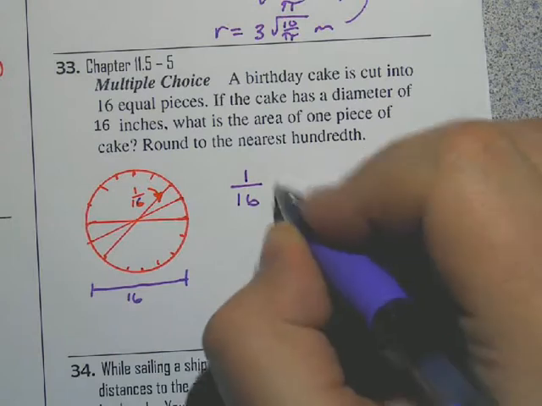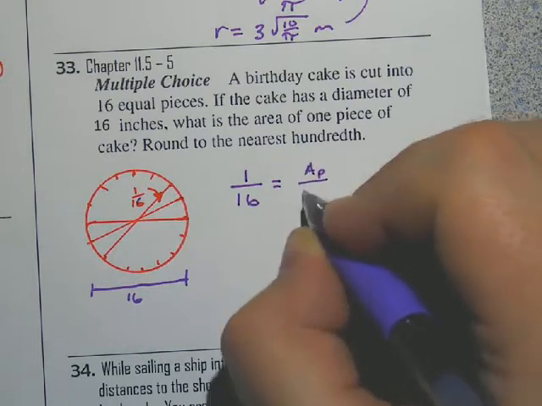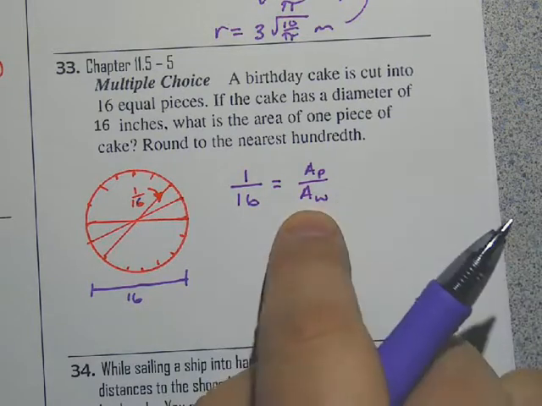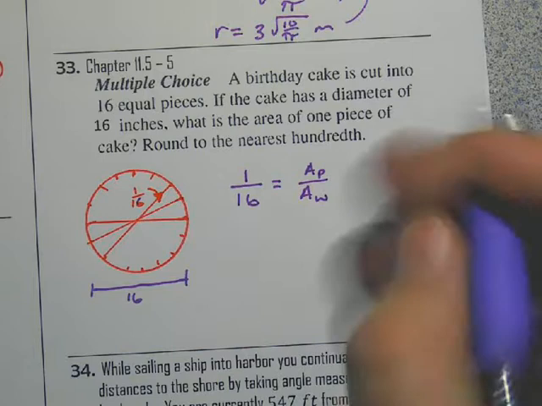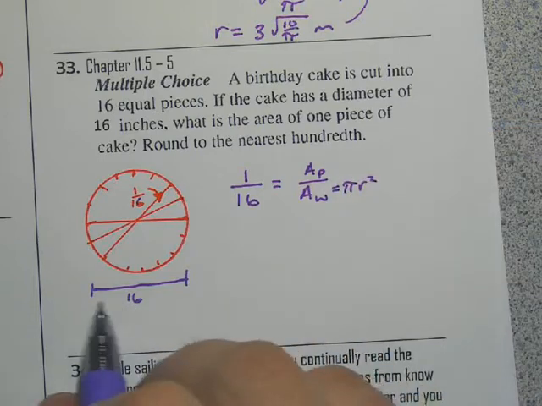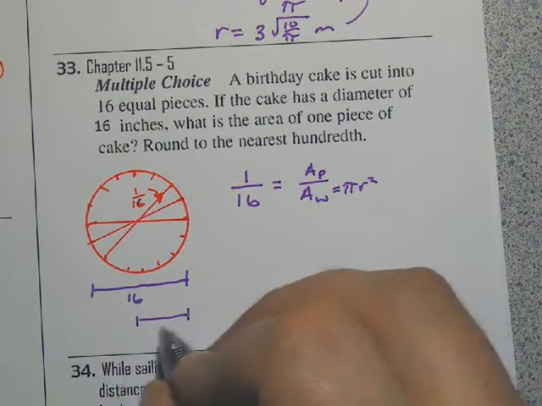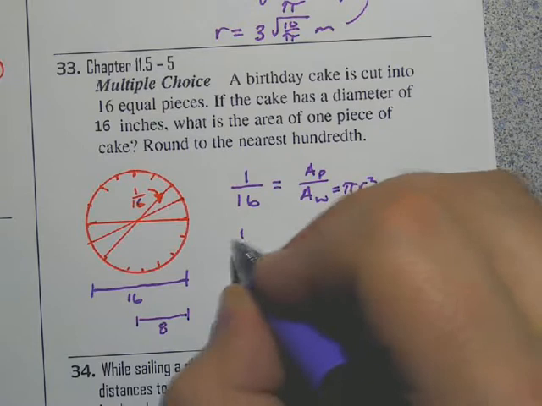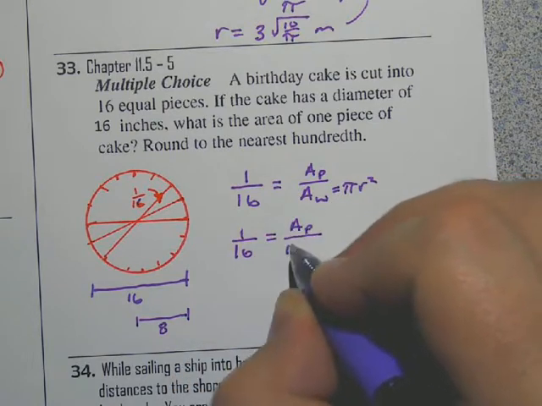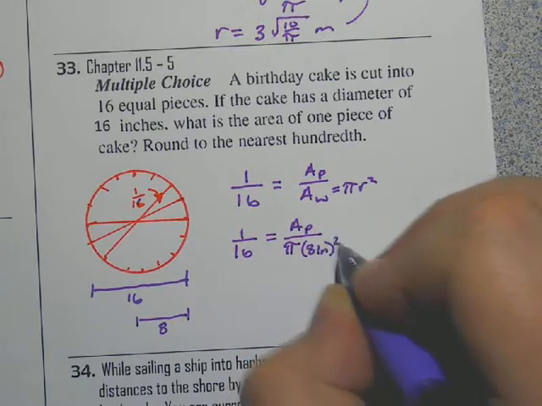1/16 will be the same proportion as the partial area is to the whole area. Now, do we know the whole area? Well, we can replace it with pi r squared, right? And we do know r. Well, we know that d is 16, so that means that r would have to be 8. So 1 is to 16 as the partial area is to pi times 8 inches squared.